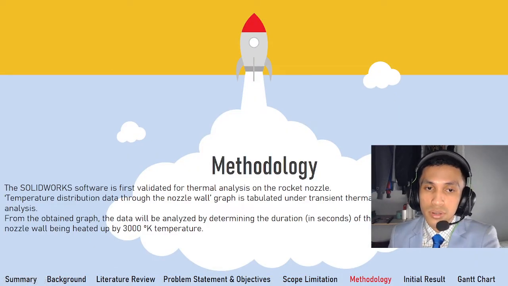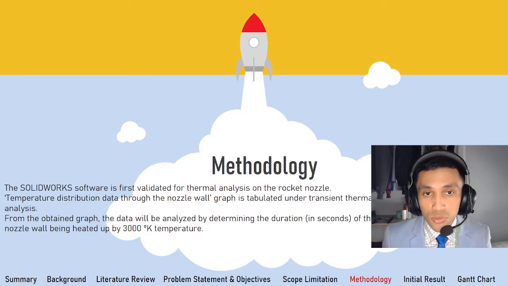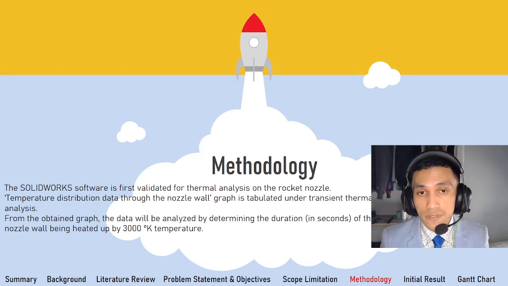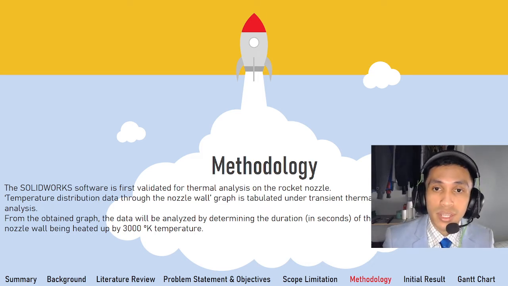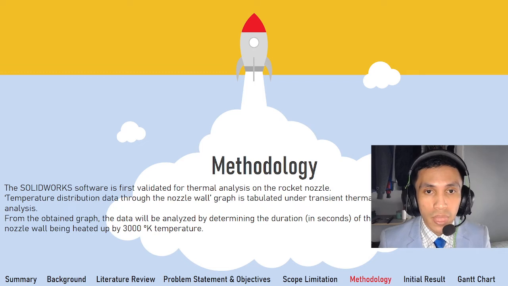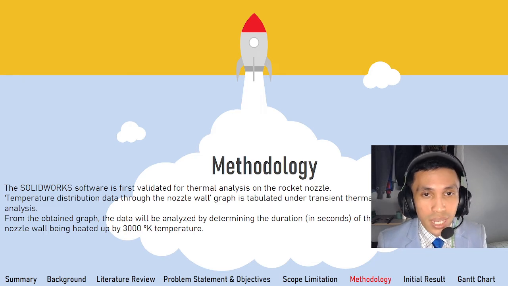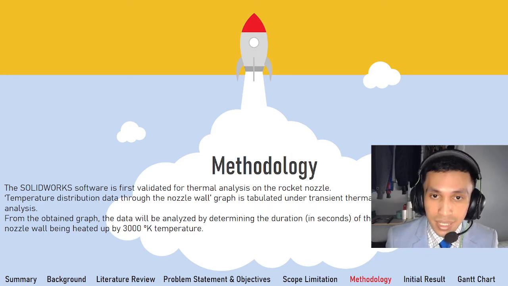Moving on to methodology. The software used, which is SolidWorks, is first validated for thermal analysis on the rocket component, which is the rocket nozzle. Temperature distribution data through the nozzle wall graph is tabulated under transient thermal analysis.